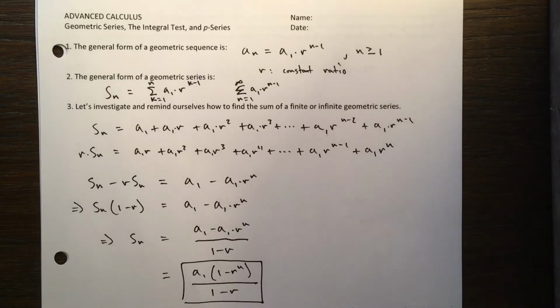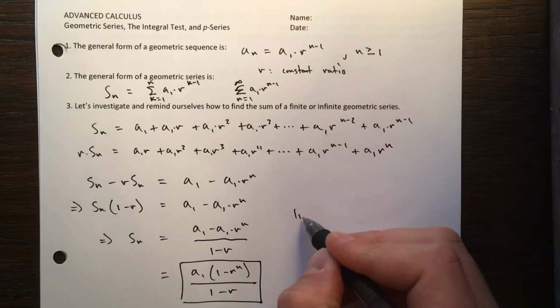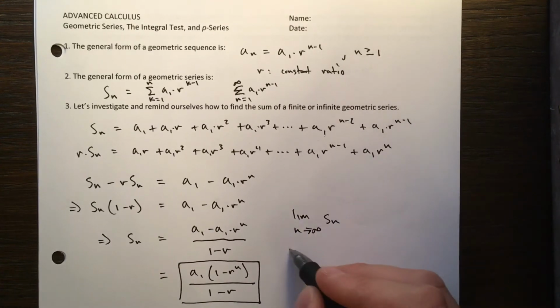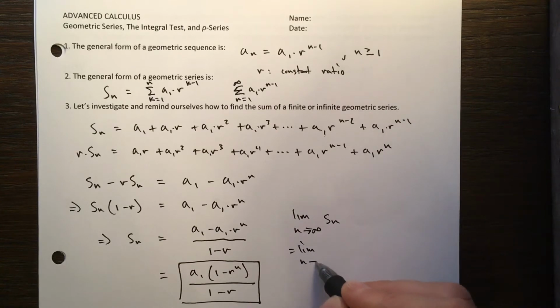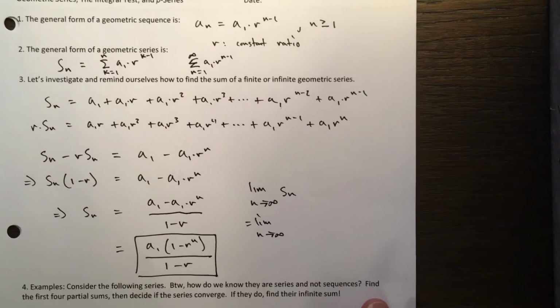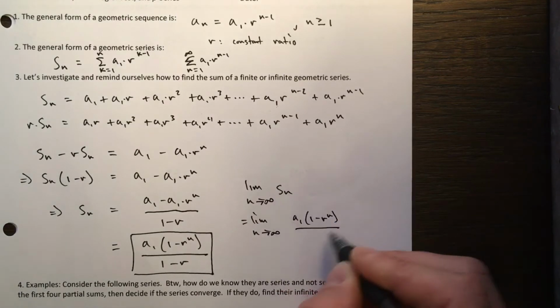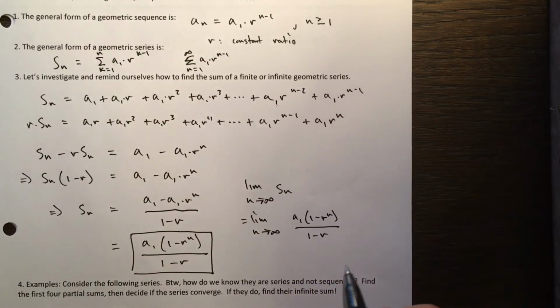Now, if you think about taking the limit as n approaches infinity of S sub n, you would get the limit as n approaches infinity of a sub 1 times 1 minus r to the n, divided by 1 minus r.